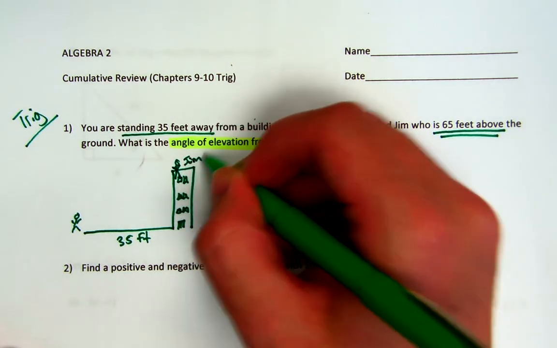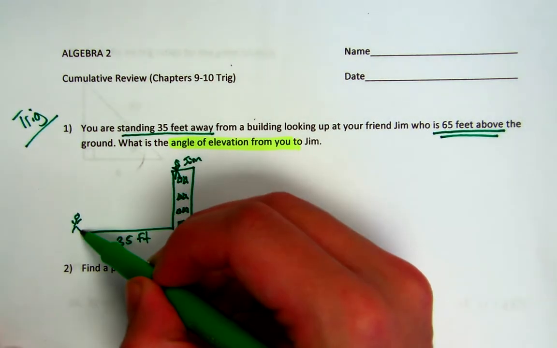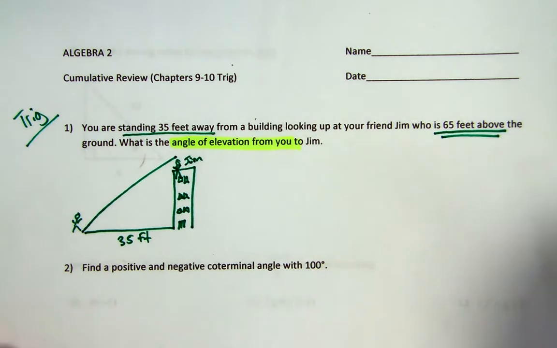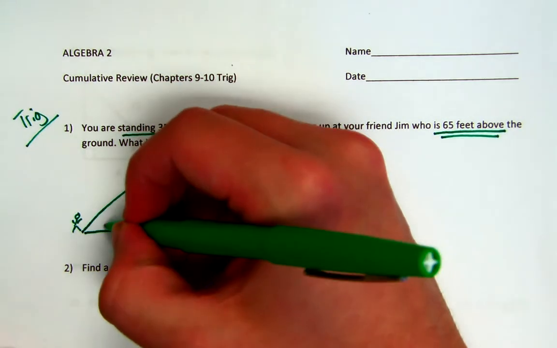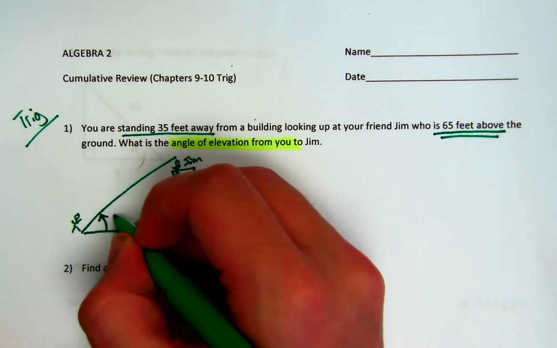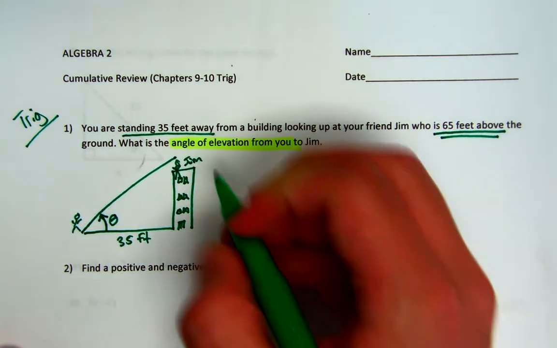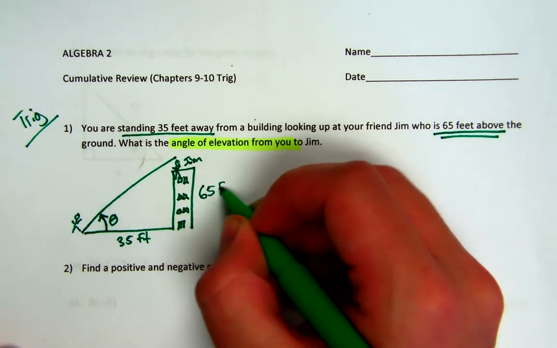So that's Jim. And you're looking up at Jim. So we're going to assume that you're looking up from the ground. We need to find this angle of elevation here. So this is our theta. We know the building is 65 feet tall.